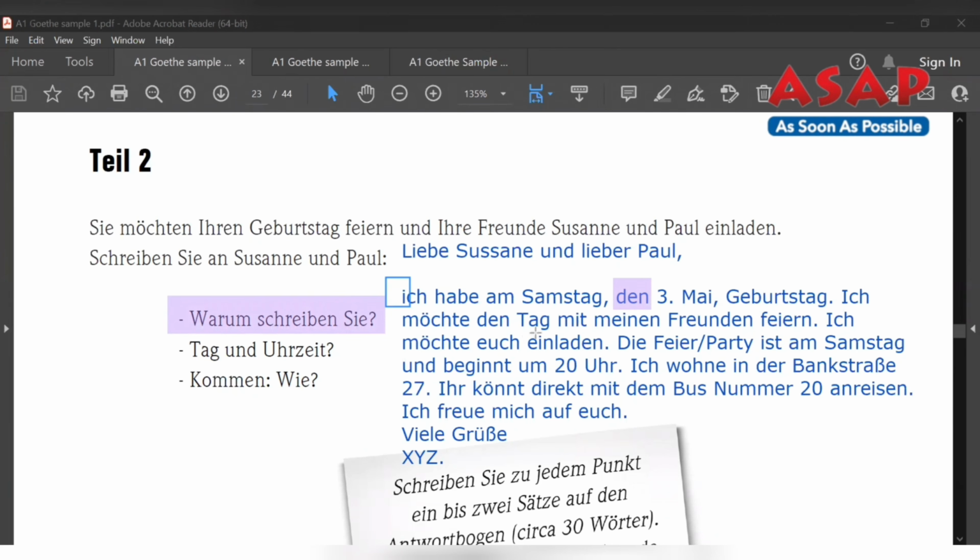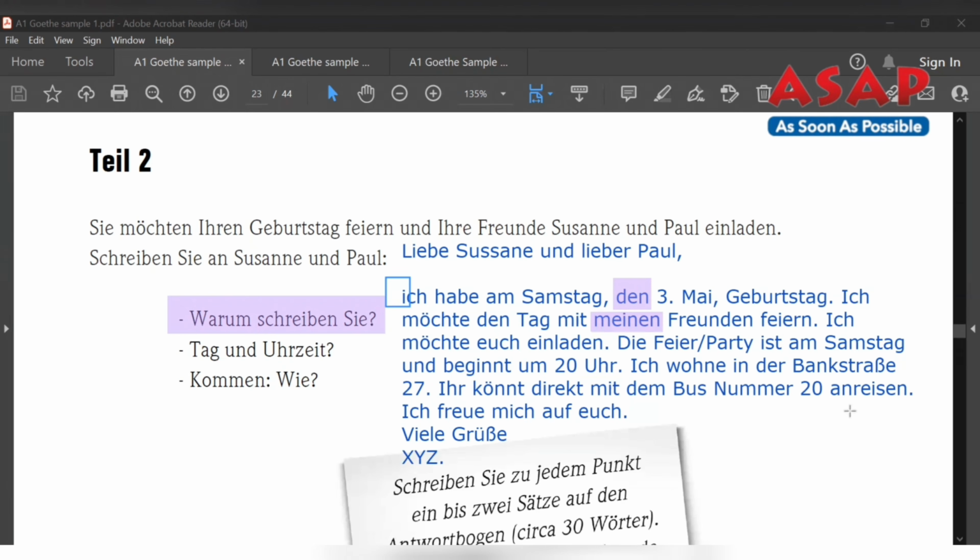Then comes the next sentence. Ich möchte den Tag mit meinen Freunden feiern. I want to celebrate the day with my friends. Even if you remove this minor word, it is okay because it will mean the same. Ich möchte den Tag mit Freunden feiern. I want to celebrate the day with friends. Now, ich möchte euch einladen.